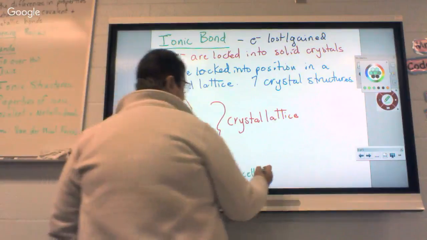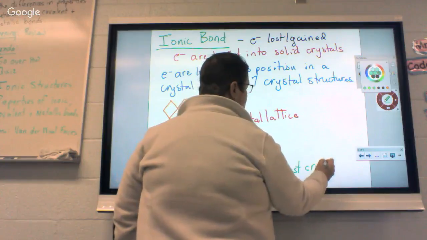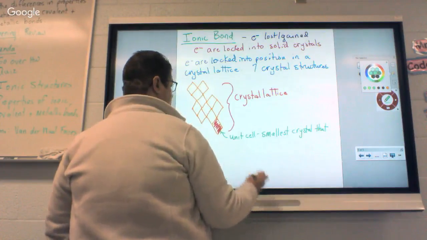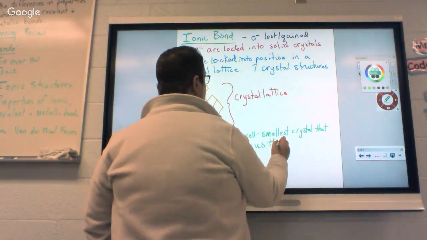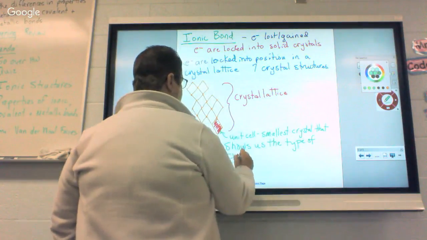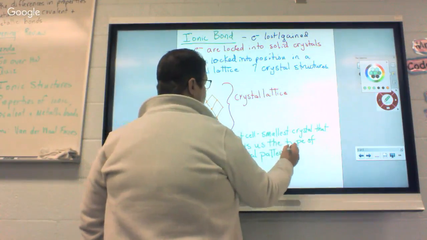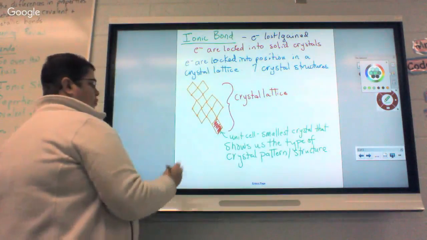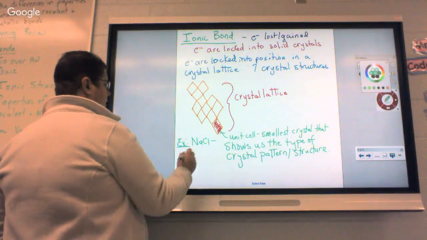The unit cell is the smallest crystal that shows us the repeating pattern or structure. For example, NaCl is cubic.